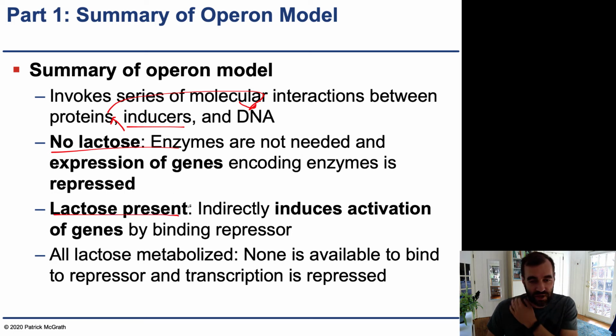When lactose is present, then we need the lacZ, the lacY, and the lacA, and so it indirectly induces activation of the genes by binding the repressor, and this is negative control. Once all of the lactose is metabolized in the environment, then none is available to bind the repressor, and transcription is repressed.